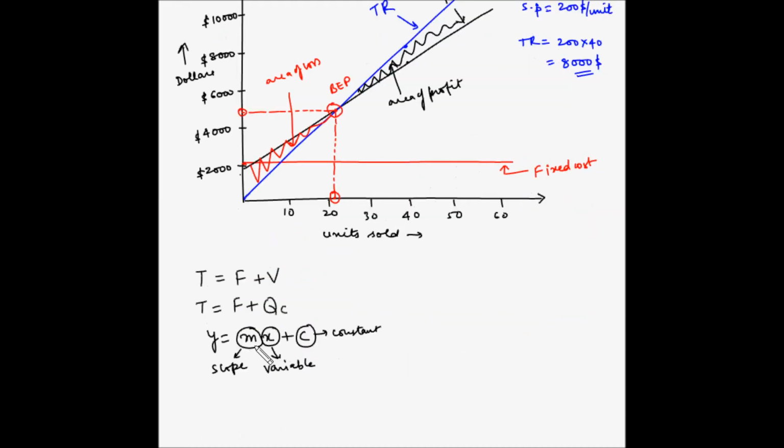So now let's put the equation for total cost in terms of a straight line. So we get T is equal to cQ plus F. So here F is the constant or the y-intercept.